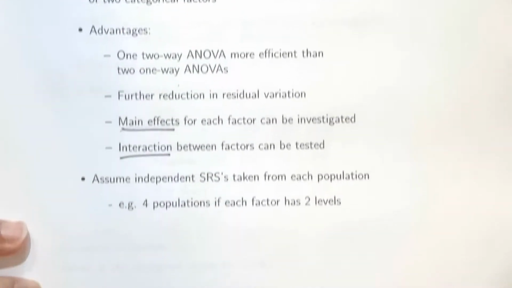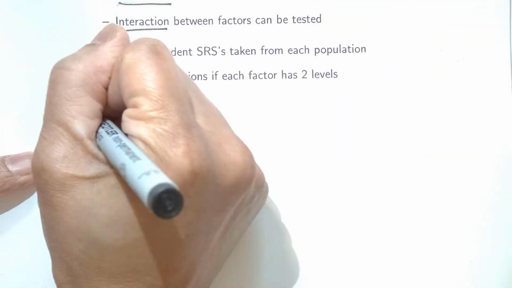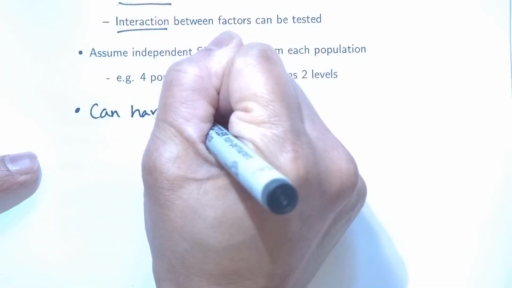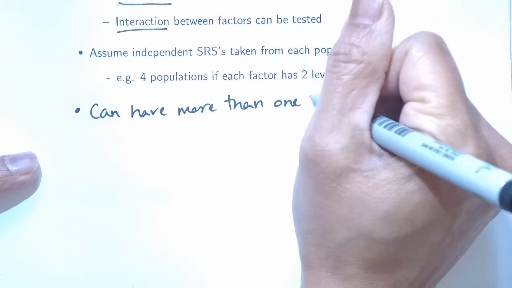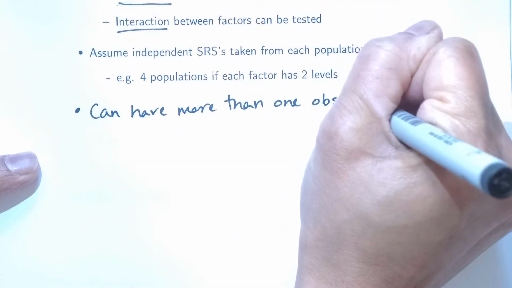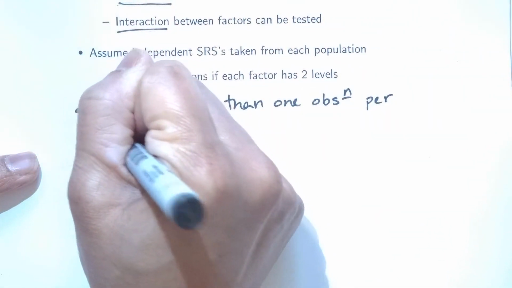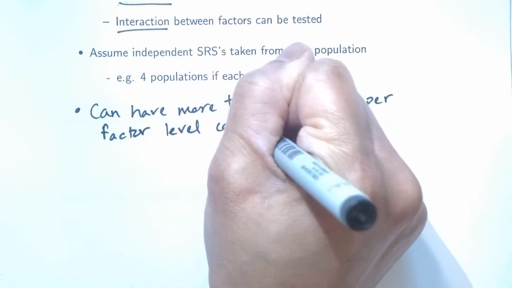So a couple of points to be made here is that we can have more than one observation per factor level combination.